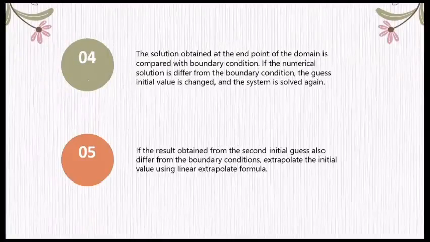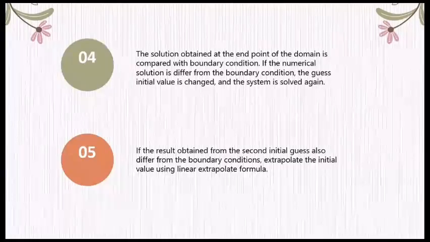Step 4. The solution obtained at the end point of the domain is compared with the boundary condition. If the numerical solution is different from the boundary condition, the guessed initial value is changed, and the system is solved again. Step 5. If the result obtained from the second initial guess also differs from the boundary conditions, extrapolate the initial value using the linear extrapolation formula.